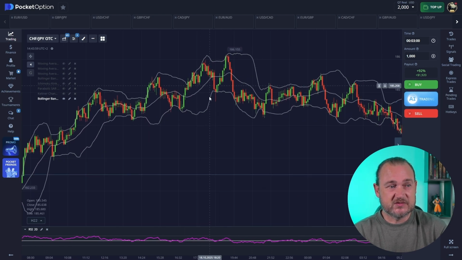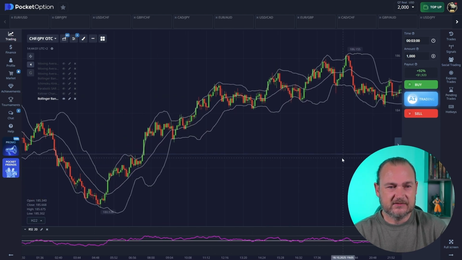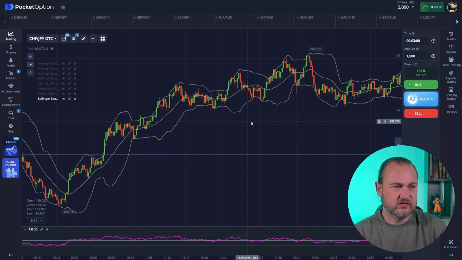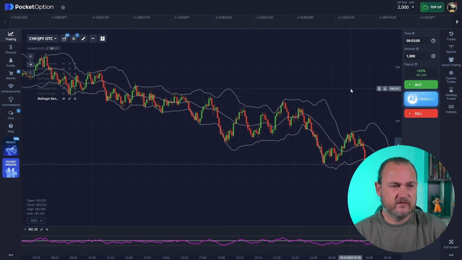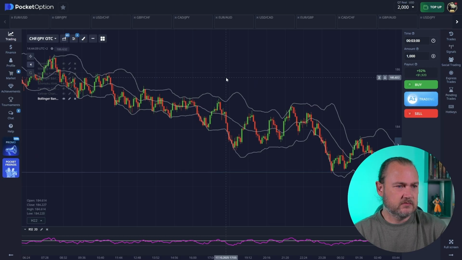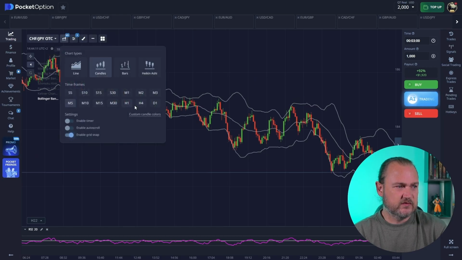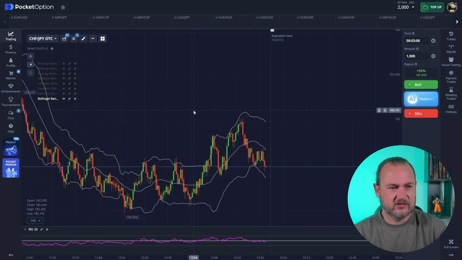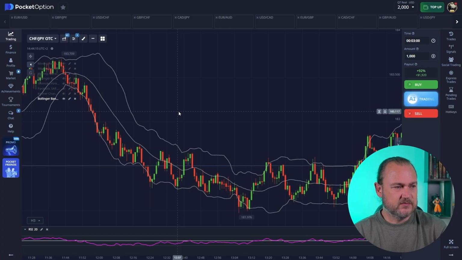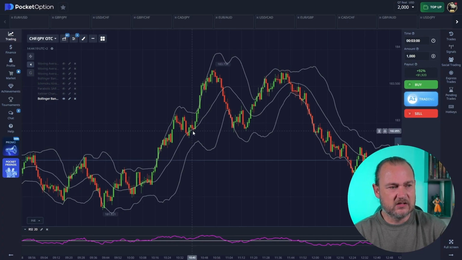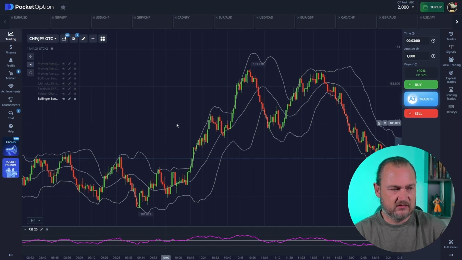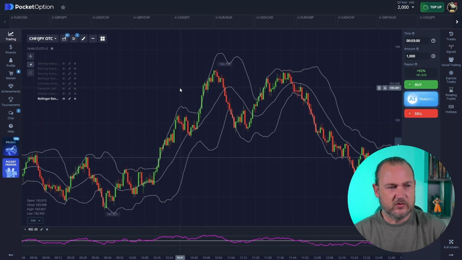When you see price behaving like this, it's not the best idea to look for trades using the Bollinger Bands. Another thing that I love using, this is more on a 1 minute chart though, is when we have a price run on either side of the Bollinger Bands.